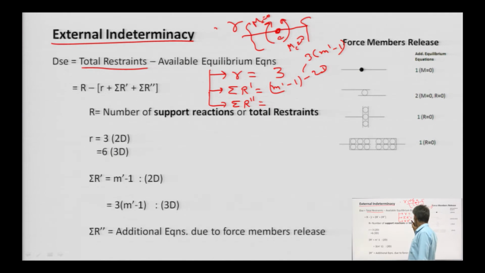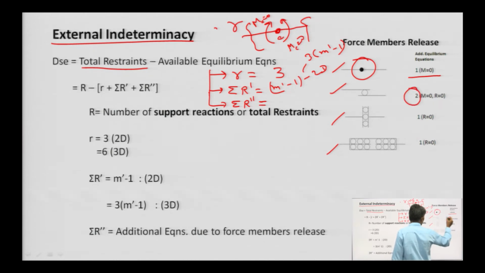Sum of r dash are the additional equilibrium equations arising from the presence of force release members, like this. These are the force release members. In this case, internal hinge, additional equation 1. In this case, we have additional equations 2.